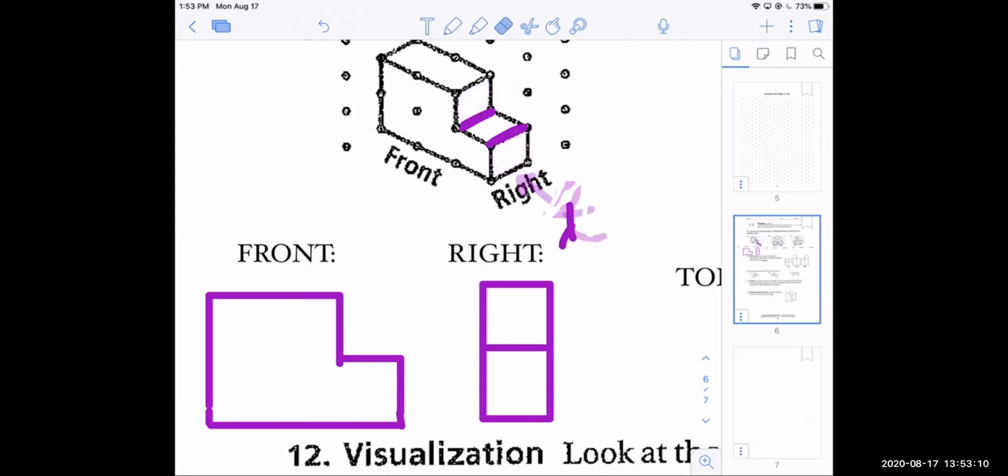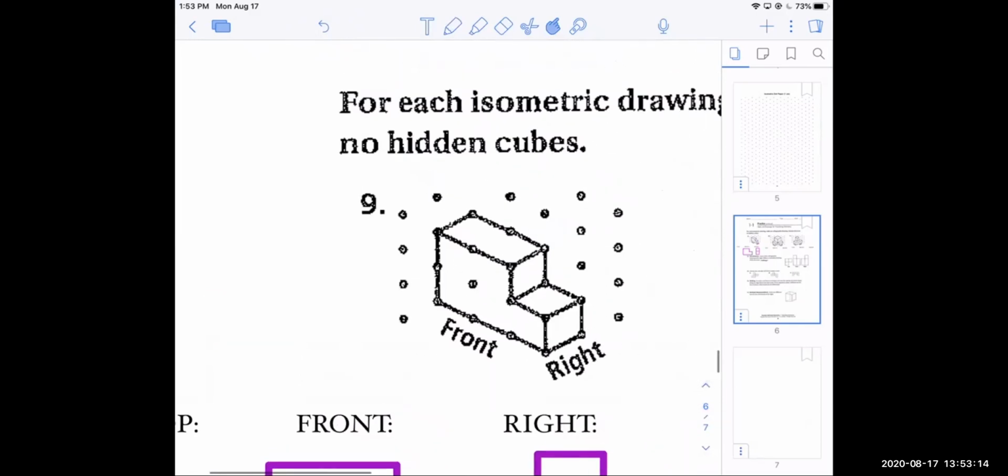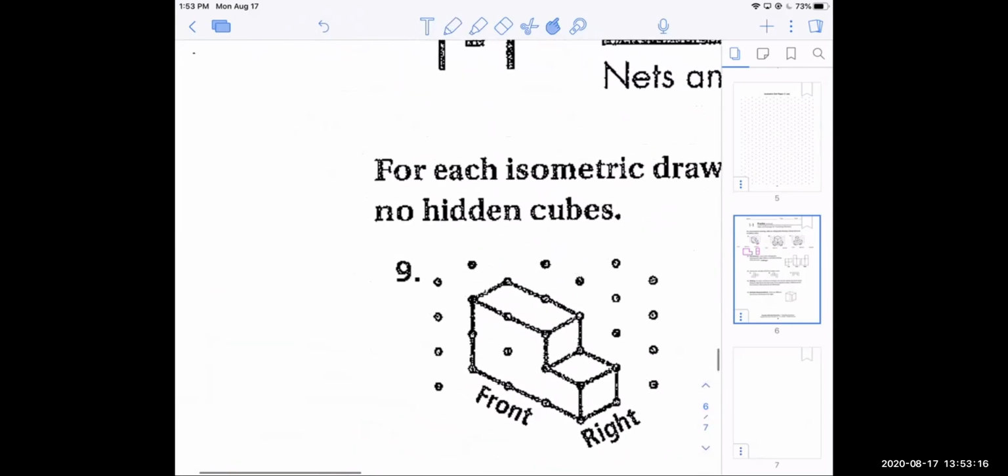Okay, and then lastly, it's asking you for the top view. So for the top view, we're standing up here, looking down. Looking down, what are you seeing if you're above looking down?